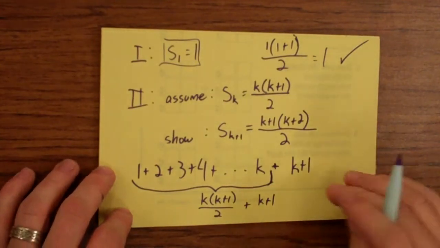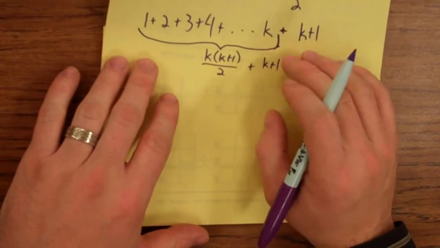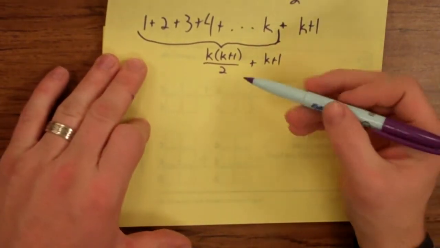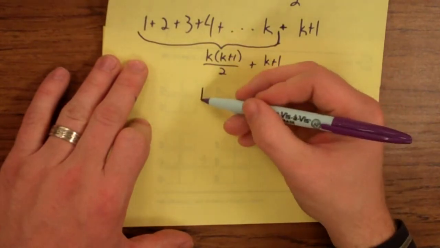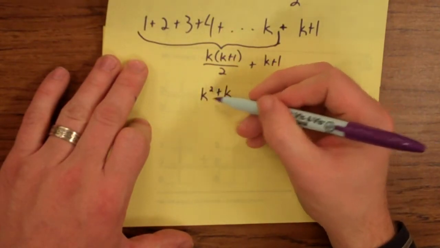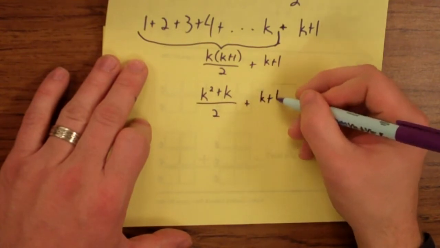Well, let's see. To work towards that, let's just start scrolling down here. Let's just do what we can do. Let's maybe distribute this k, so we get k squared plus k over 2 plus k plus 1.